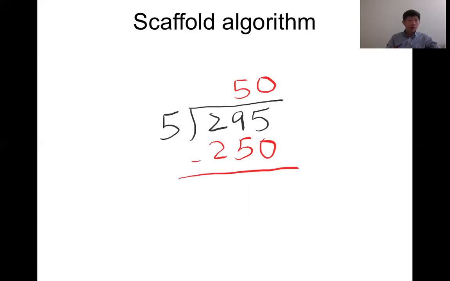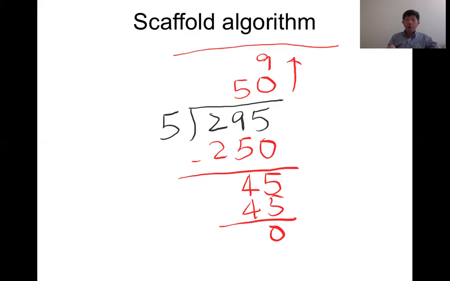Subtract. This one shows place value more clearly than long division, I think, right? Then 5 times 9, which is 45. Add up the total on the top. So 50 plus 9, we get 59. So the answer will be 59.